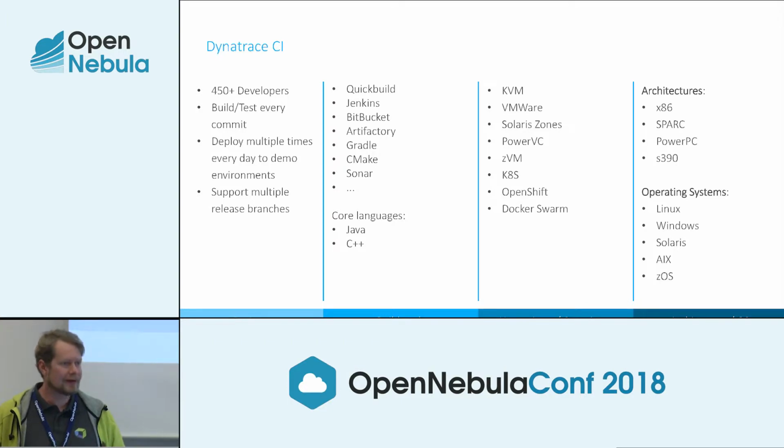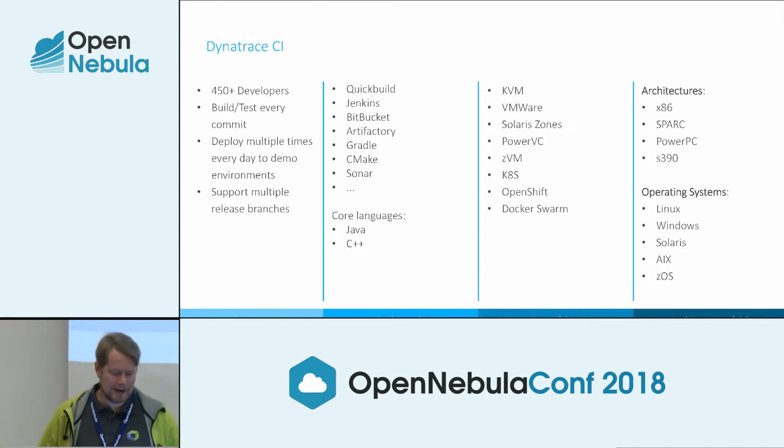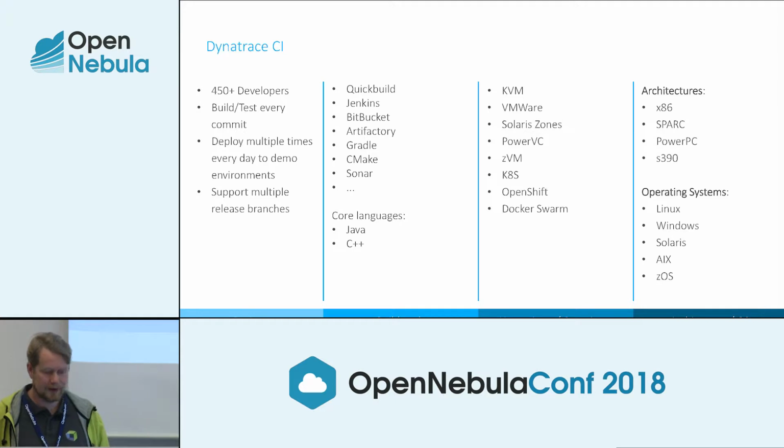The main reason for all that diversity is that we need to support multiple platforms. We build the agent for multiple platforms, for multiple technologies, and we need to do that on a bunch of architectures as well. x86 is our main driver. It's our basic standard CI environment. But beyond that, we also have Sparc, we have PowerPC, we have S390.